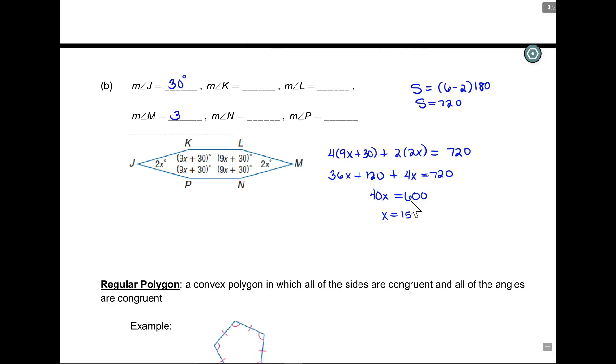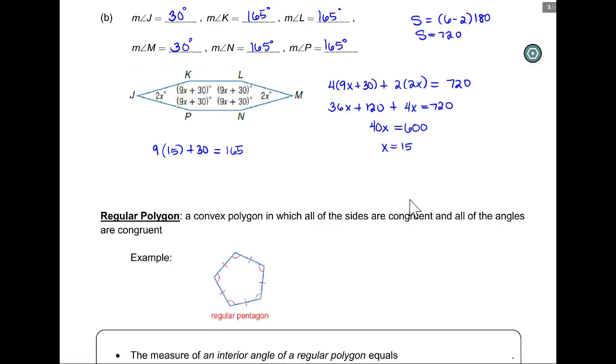So here, these two are 30. And then all the other angles are 9x plus 30, so 9 times 15 plus 30, that gives us 165. So all of these are 165 degrees. Again, you can add all those up, make sure they add up to 720 to make sure that we didn't make any mistakes there.